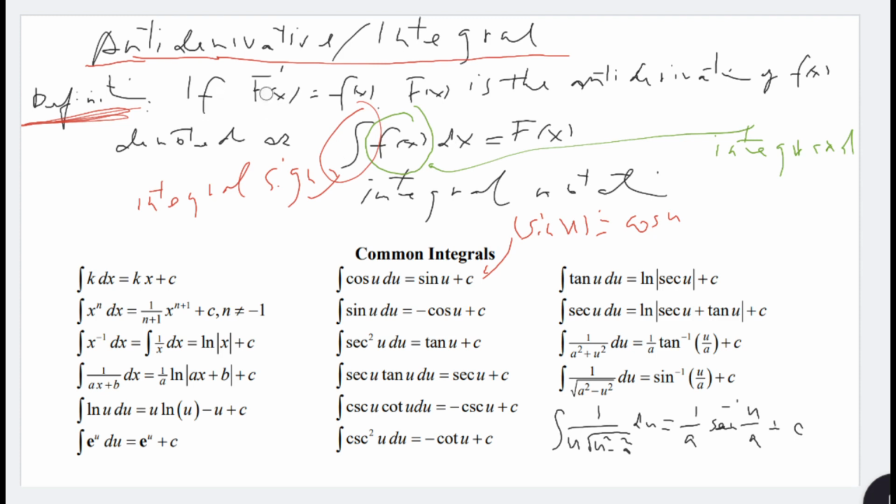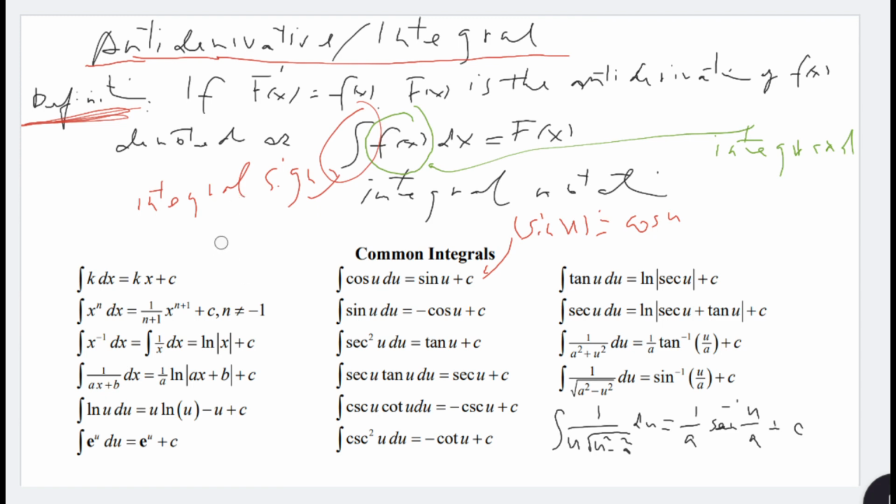Now by definition, you can tell if you find one function as the antiderivative, then this function plus c is also an antiderivative, because it makes no difference. If you differentiate capital F plus c, it's the same as differentiating f itself. So the antiderivative is not unique. If you find one, you actually find many of them.